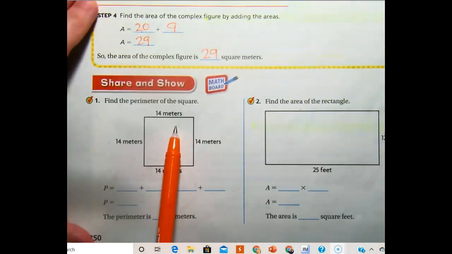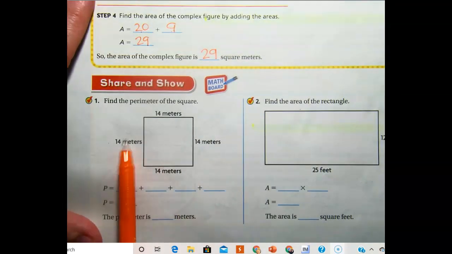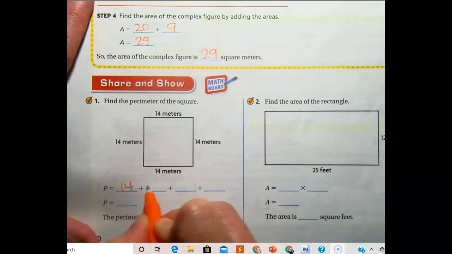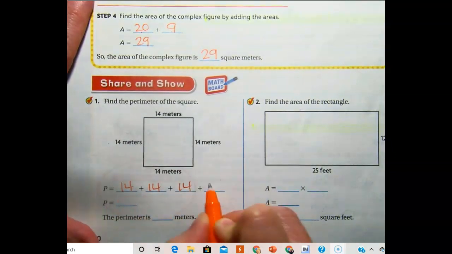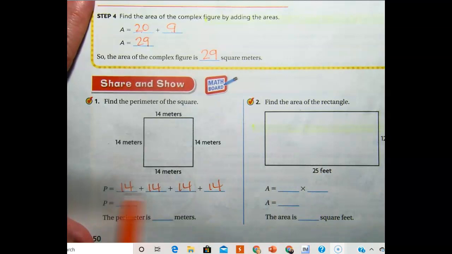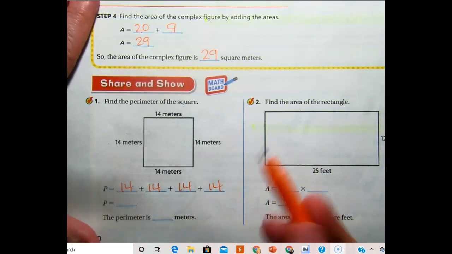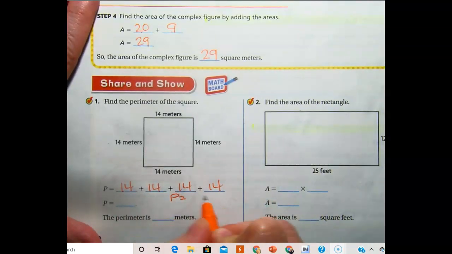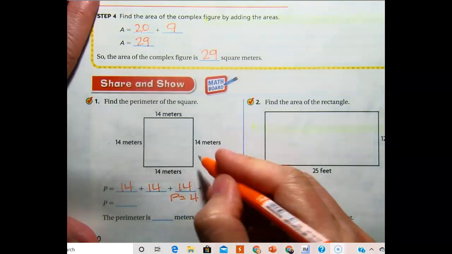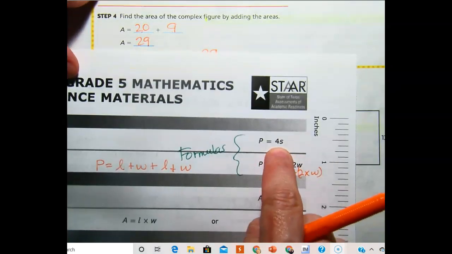This is a square, so we could just add all those sides. You could say 14 plus 14 plus 14 plus 14. And couldn't we write that as a multiplication? We could say P equals 4 groups of 14, because that is absolutely correct. And that's why, look at that, it says P equals 4S.